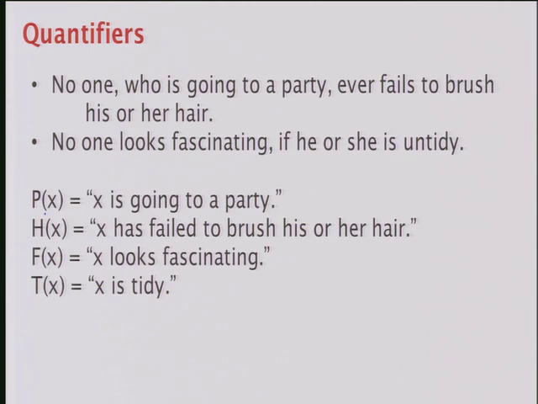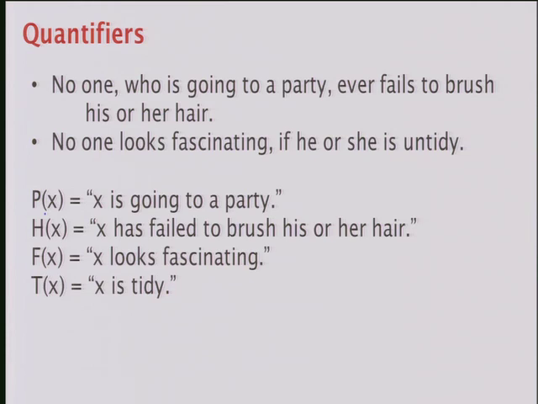So, no one who is going to a party ever fails to brush his or her hair. This is a bit confusing when you first look at it, so you might want to reparse it. How is this sentence actually put together? It sort of says, no one ever fails to brush his or her hair who is going to a party, right?